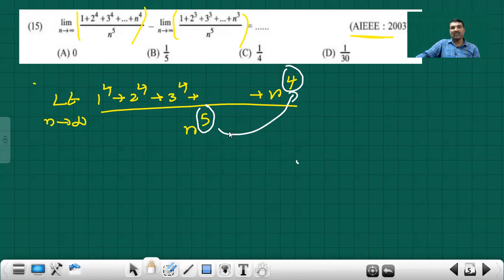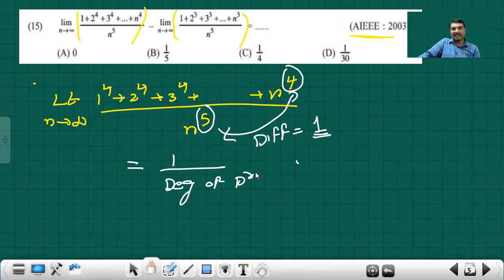So what is the difference of degree? The difference of degree is equal to 1. If the difference of the degree is 1, the answer will be 1 by the degree of denominator. The denominator should be greater than the numerator, and the difference should be 1. Then the answer is 1 by 5.